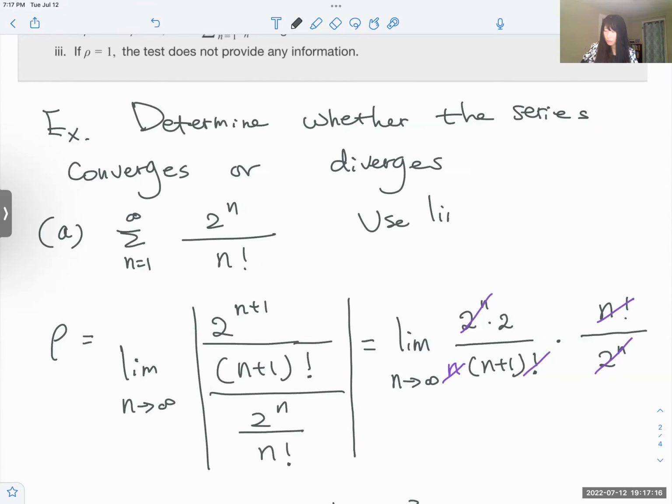Use the limit as n approaches positive infinity.